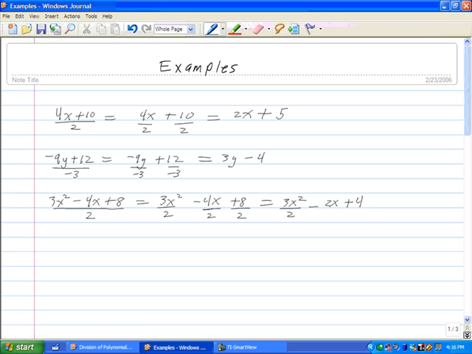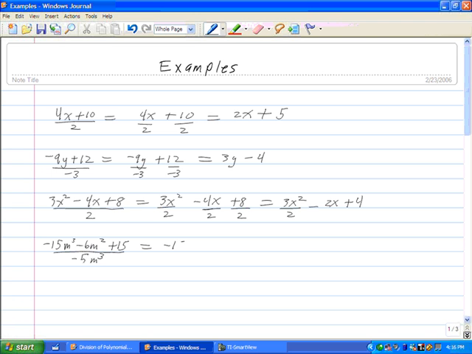Now let's try it again, and let's put some variables in the bottom this time. Let's look at a negative 15m cubed minus 6m squared plus 15 over negative 5m cubed.